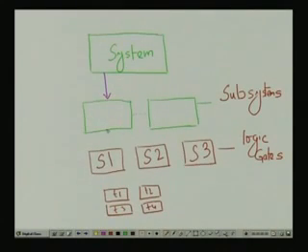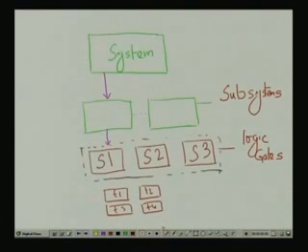Then this one subsystem is broken into a group of smaller subsystems which consist of a number of gates.